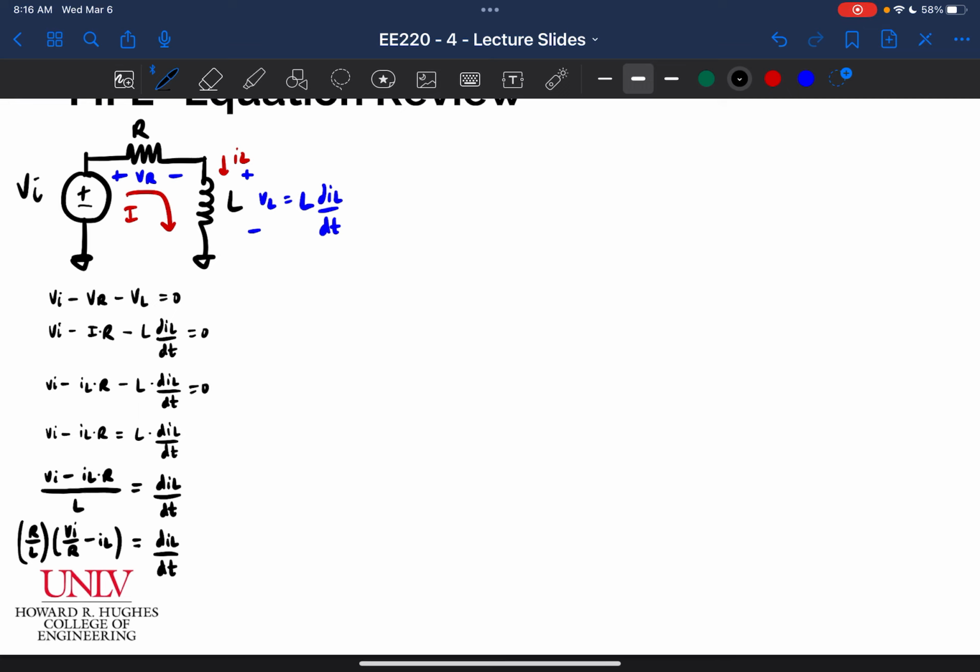And so now I can pull this term over to the other side with the dIL/dt. So I'll have R over L on one side is equal to 1 over (VI over R minus IL) dIL/dt.